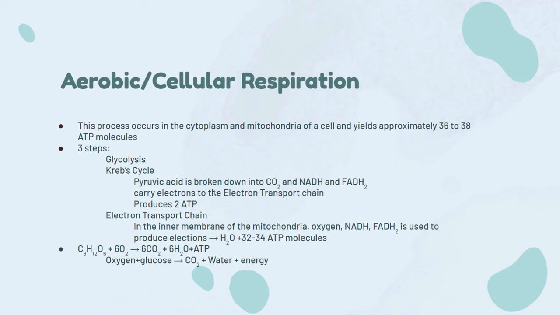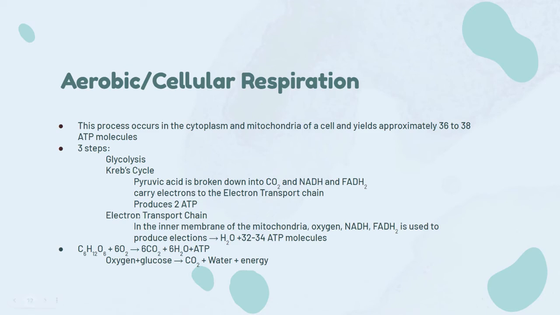So in the Krebs cycle, the pyruvic acid is broken into carbon dioxide and NADH and FADH. And NADH and FADH carry electrons to the electron transport chain, and this process produces 2 ATP.